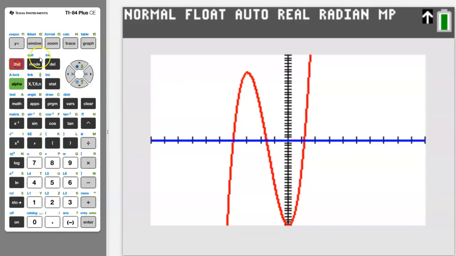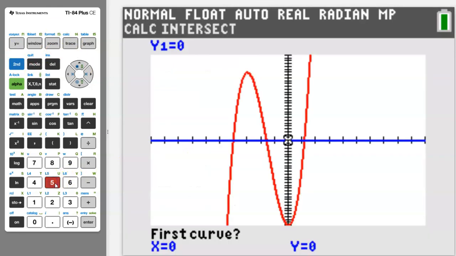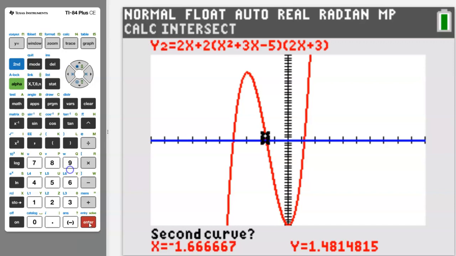Instead of hitting second trace 0, this time we will use option 5 for intersect. Many students prefer this method because you don't have to do the whole left bound, right bound thing. You can just come very close to the intersection point and hit enter, enter, enter.